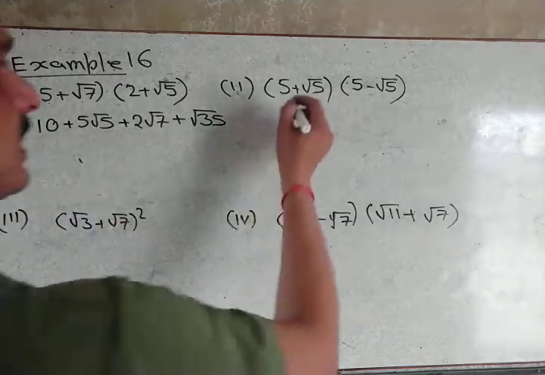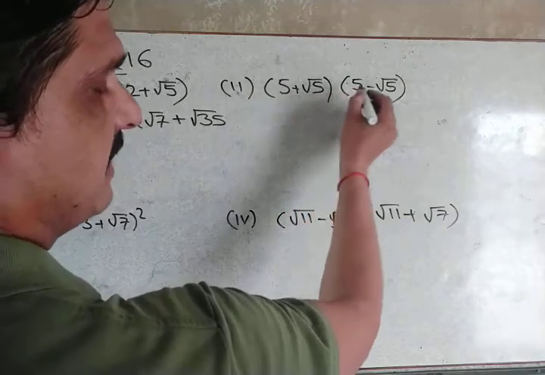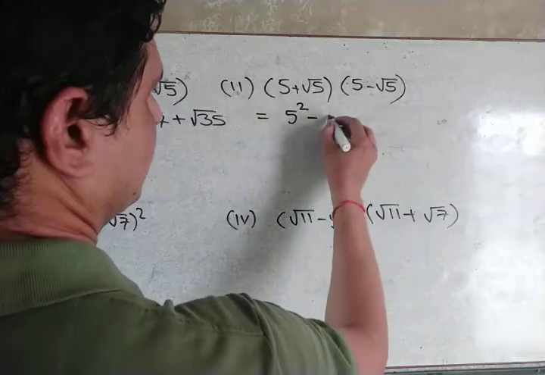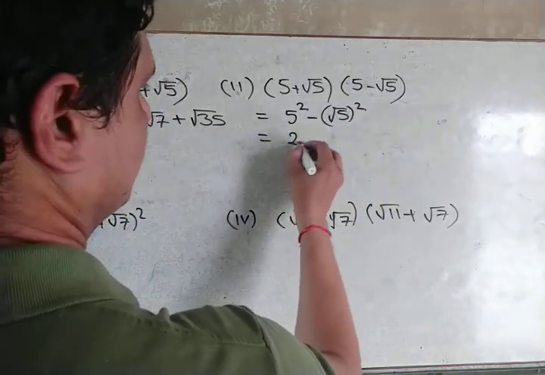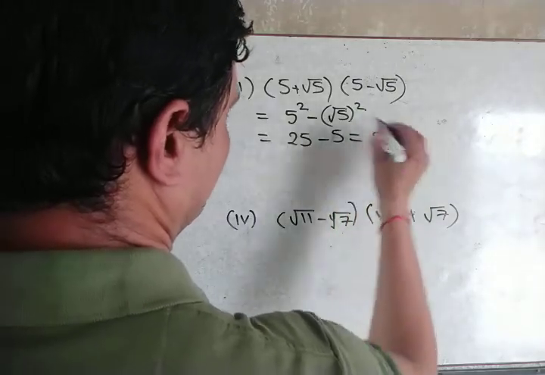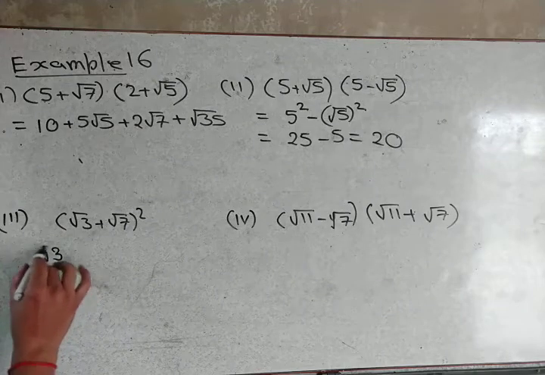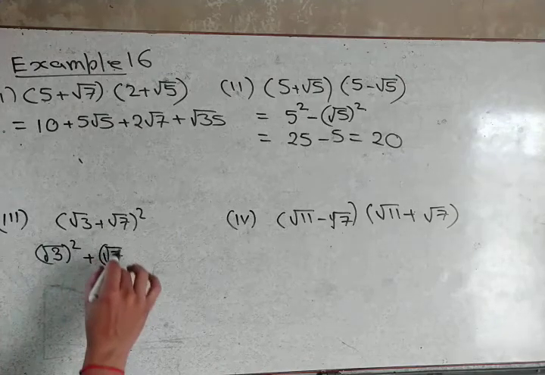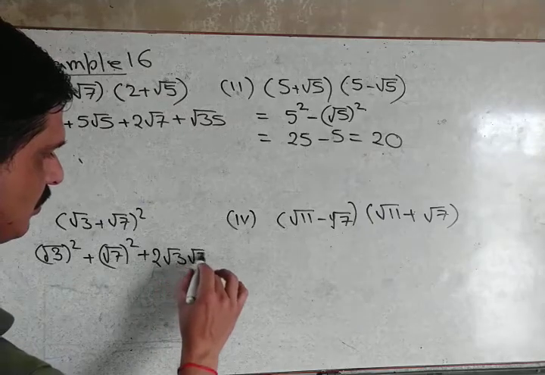For this, a square minus b square identity, a plus b, a minus b, then we can answer it like 5 square minus root 5 square, and this is 25, and this can be written as 5. Answer is 20. For this, root 3 square plus root 7 square plus 2 root 3 root 7.